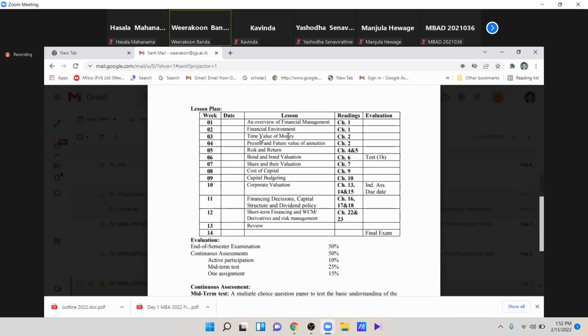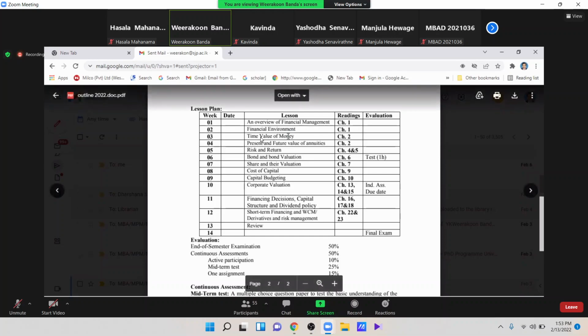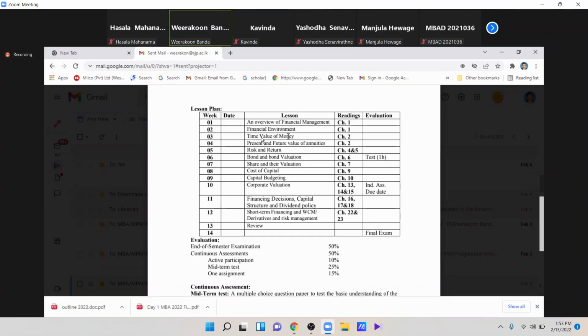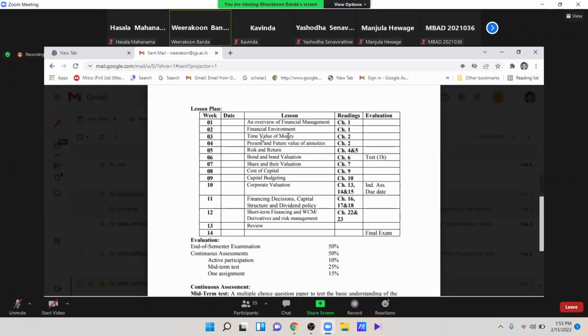Already we mentioned that we have to compensate the investors and the debt providers. So how do we pay that compensation? Ultimately, if your cost of capital is an 11% rate, then every cash flow should be discounted at that 11% rate. So with the financial environment and then the time value of money, we evaluate all the cash flows based on that particular requirement.